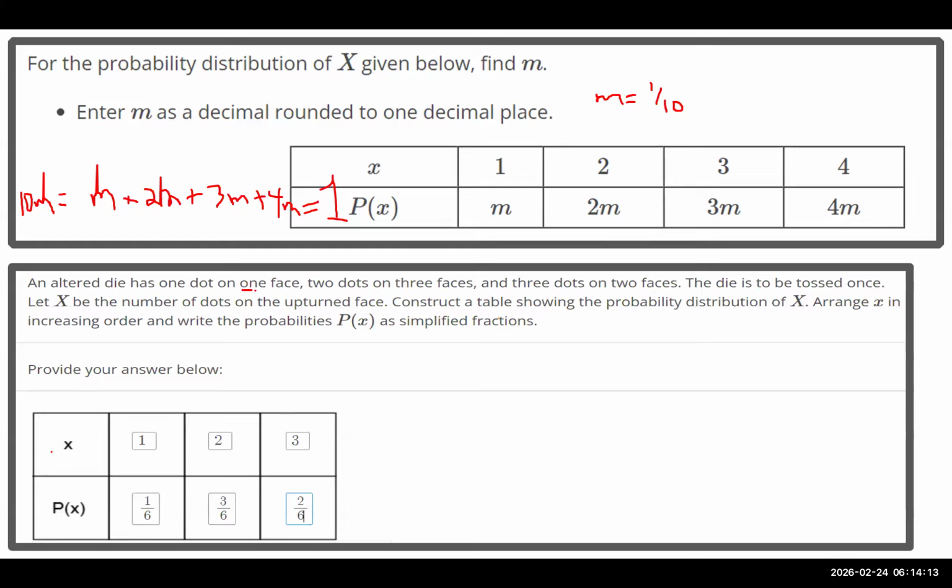So possibilities are 1, 2, and 3. It is a 6-sided die. They don't say that, but I think we can assume that. One of the faces has 1 dot, and then 3 of the faces have 2 dots.